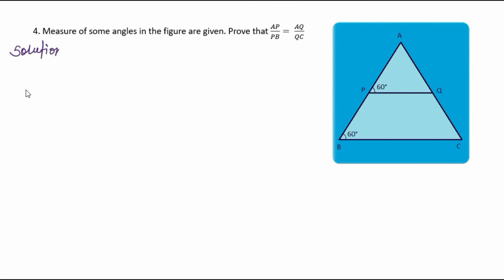Solution. Here, measure of angle APQ is equal to measure of angle PBC. This is because angles of equal measure, from figure we can write.